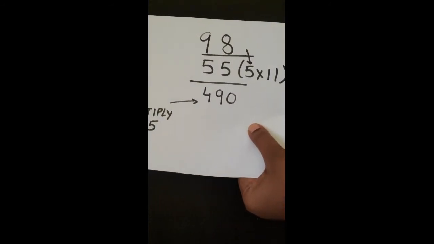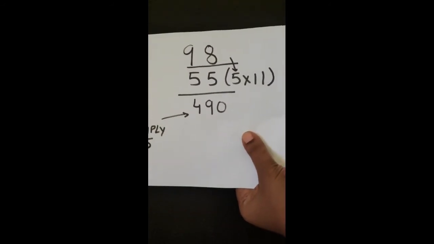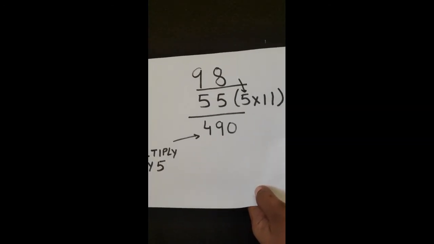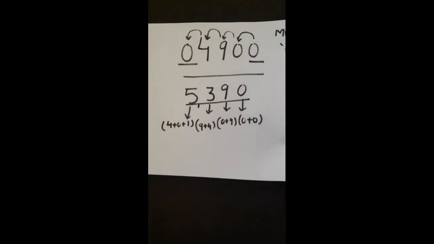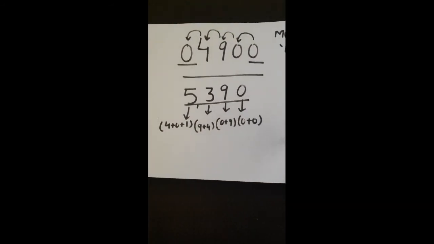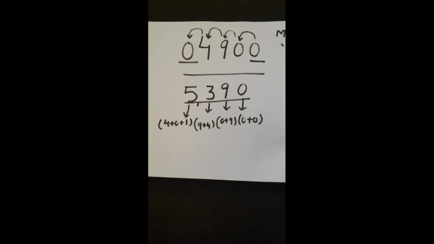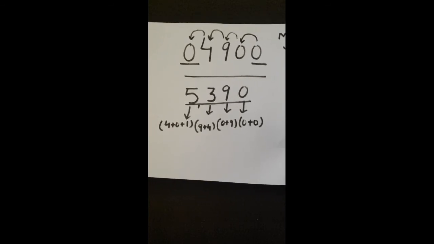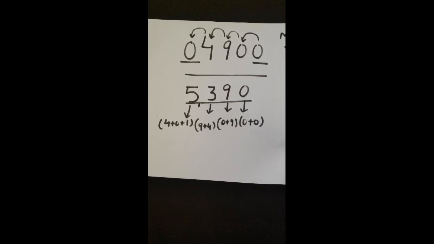490. After that, the same process will be followed as we follow in 11 multiplication. So putting 0 on both the sides of 490, 0 on both the sides because 11 is in base 10. After that we add two numbers from right to left.